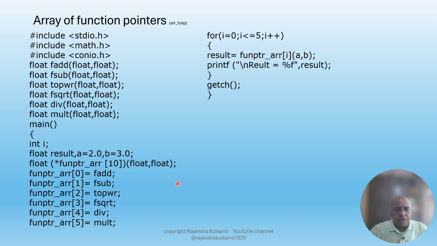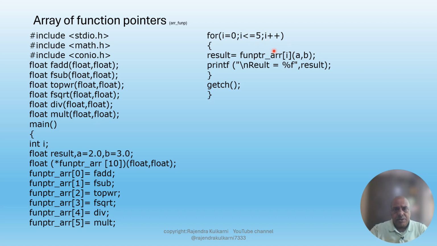How we call these functions through the array: what I have done here is a for loop, with a variable i equal to 0, i less than or equal to 5, i plus plus.